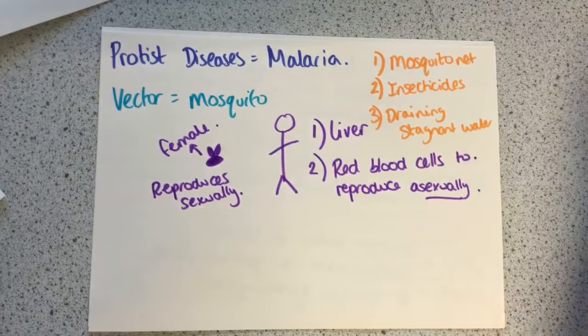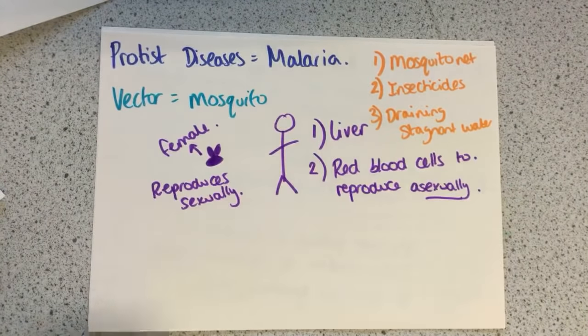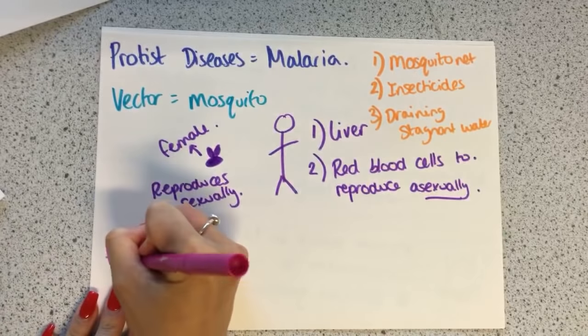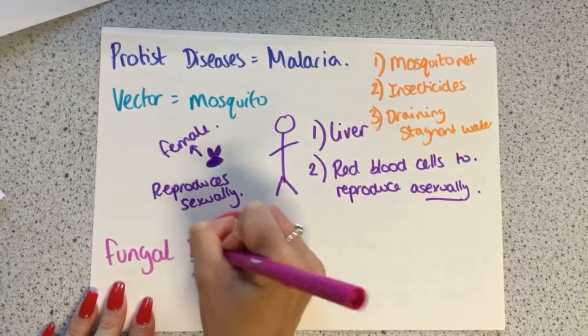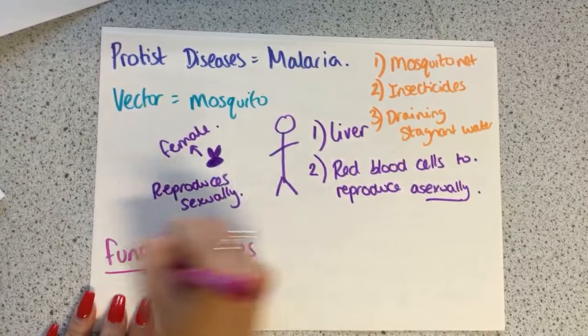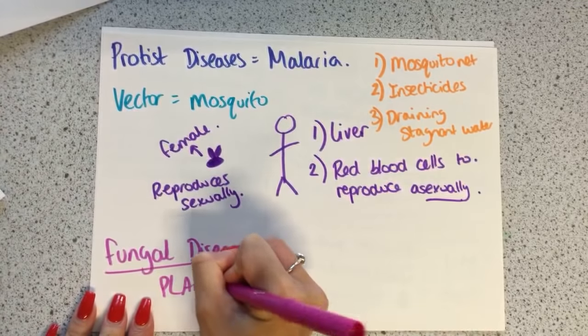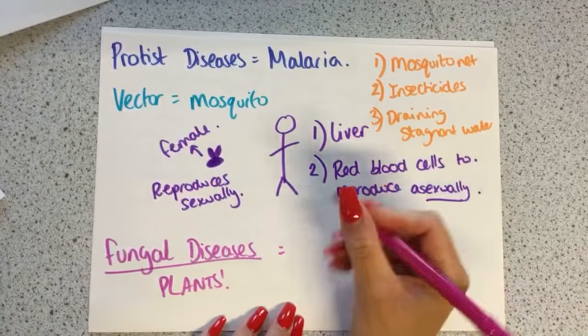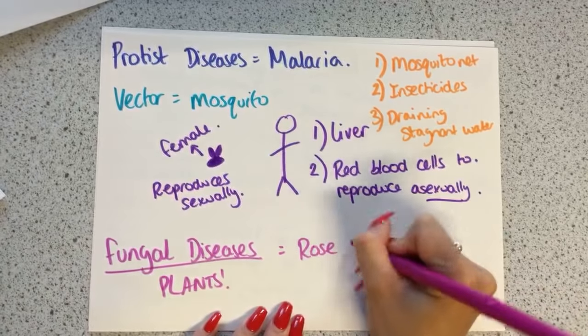And then lastly, we're going to go on to fungal diseases. And again, you only need to know one of these, which is a plant one, which is rose black spot.